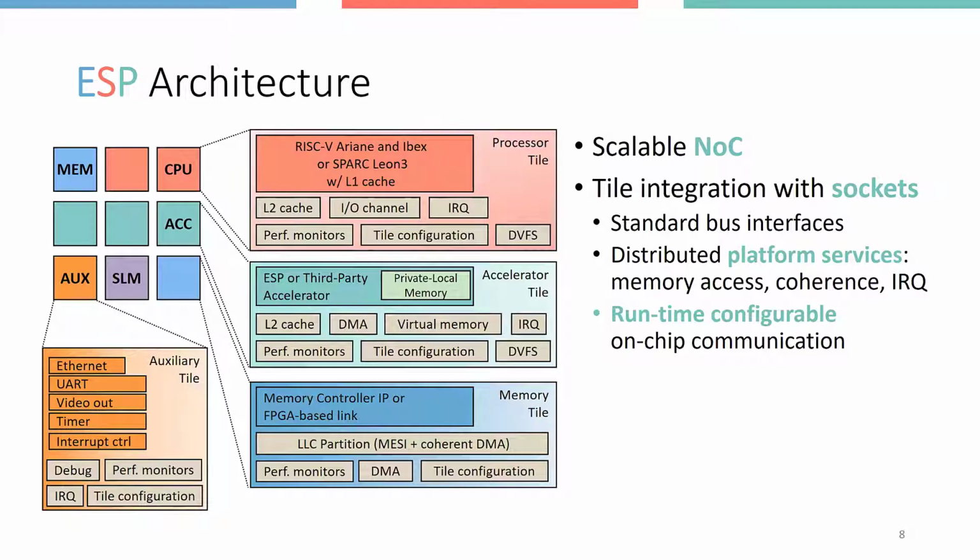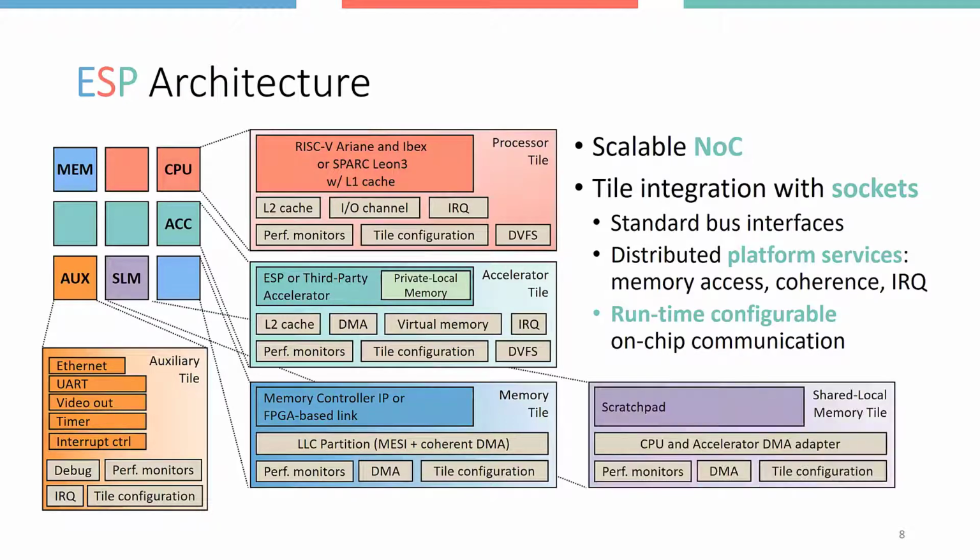So there are, first of all, certain main classes of tiles. For instance, here the red tiles are processor tiles, the green tiles are accelerator tiles, the blue ones are memory tiles, and the orange one is an auxiliary tile. And then more recently, we have developed a new type of tile, which is the shared local memory tile, which we'll tell you more about later. So this tells you two things.